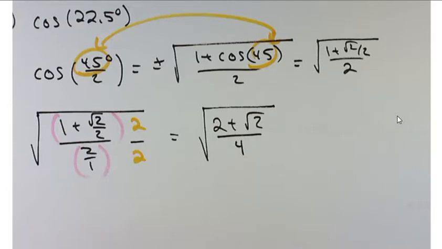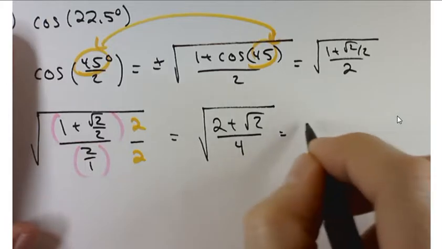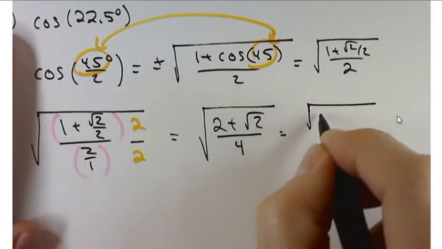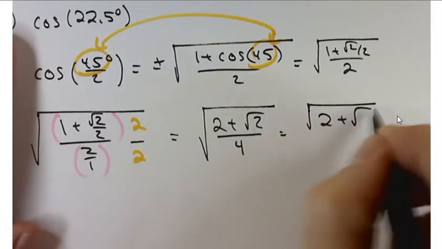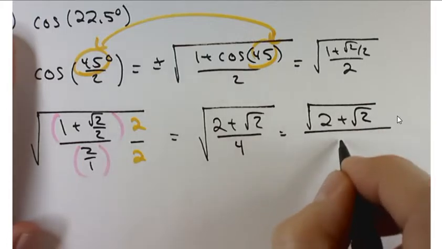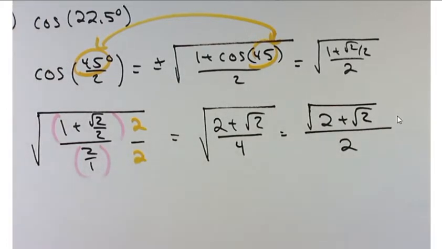And the book's going to go a little bit farther. Maybe it's a little annoying. It is what it is. This is the square root of 2 plus the square root of 2, all over 2. They just take the square root of that 4 and take it out of the radical. That's what they're doing at that last step. That's your exact answer.